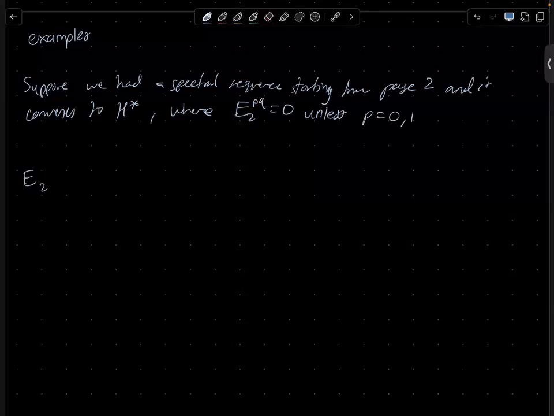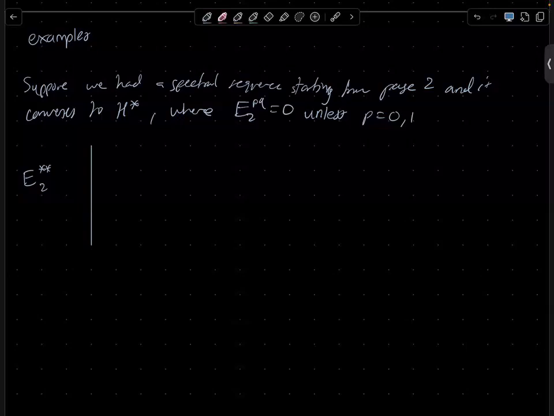So what does it look like? This is E2. The E2 page looks kind of like this. I'm just going to draw the vertical parts. Here are some nodes, maybe here. I need to make this one longer.